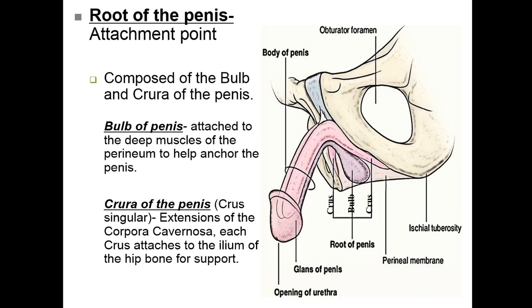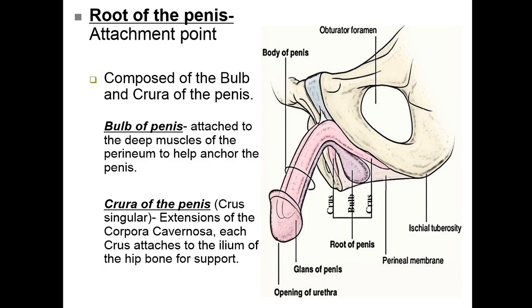The root of the penis, we said, was the attachment point, and with that we're talking about the bulb and the crura of the penis, or the crus of the penis. The bulb is attached to the deep muscles of the perineum to help anchor the penis in place. Just so we're clear, the perineum is also known as the taint. It's the area in between the anus and the reproductive organs in both men and women.